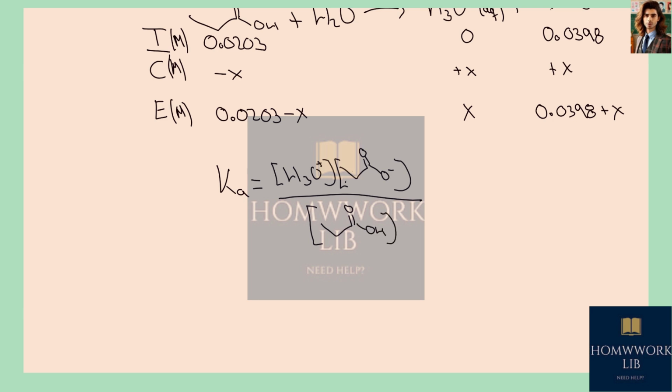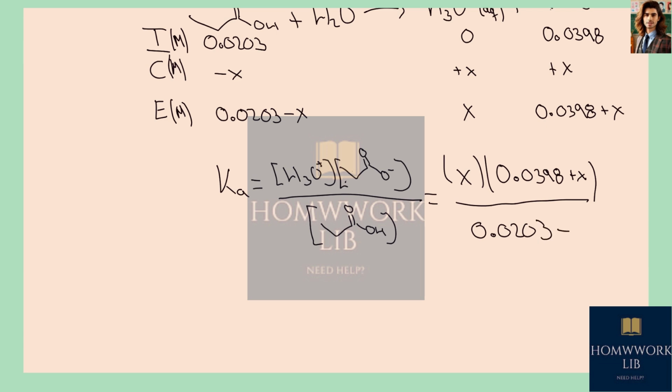Okay, so we can replace the values here. We're going to have X times 0.0398 plus X, and down here we're going to have 0.0203 minus X.